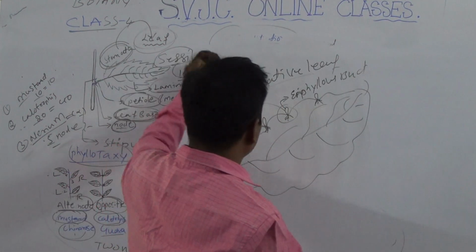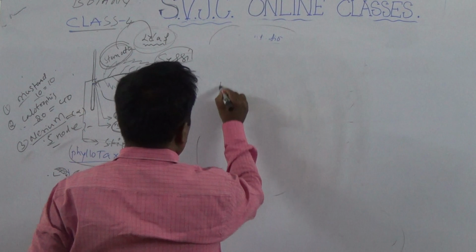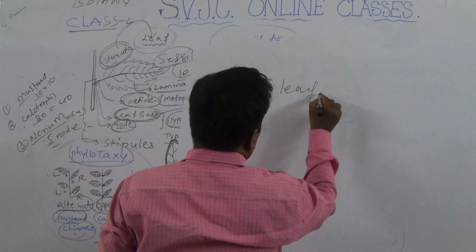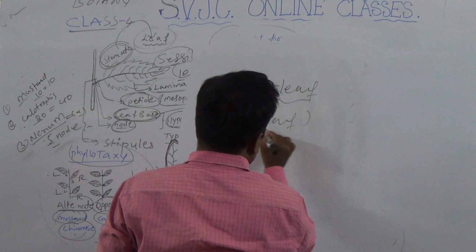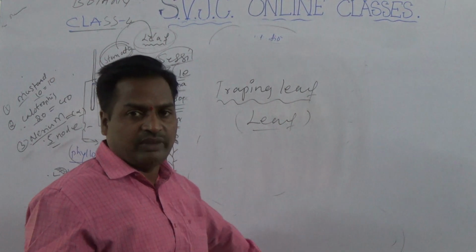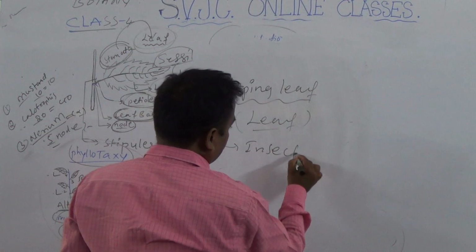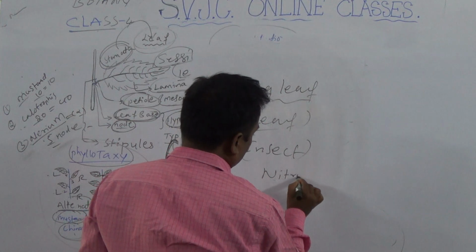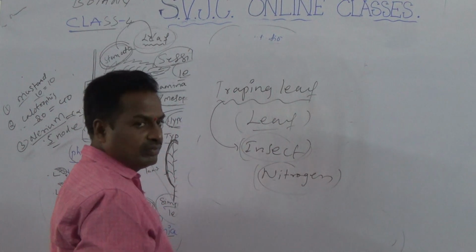So, the next modification. Trapping leaves are very important. Some leaves are insectivorous leaves. Trapping leaf is nothing but insectivorous leaf. They trap insects to get nitrogen. Are you clear?